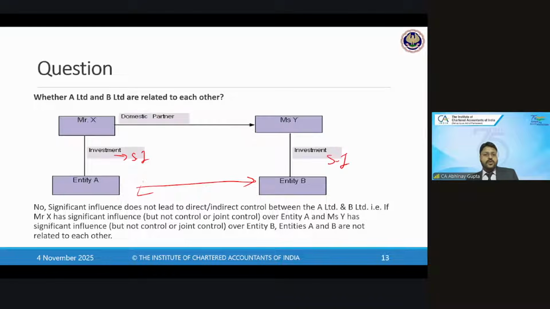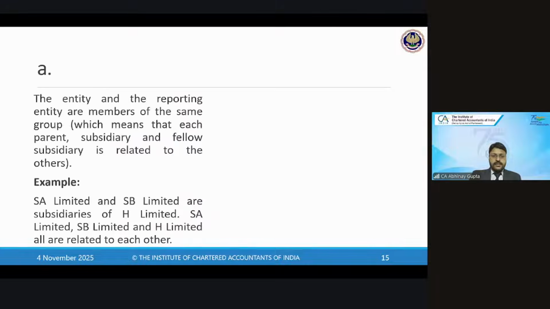And just by virtue of Mr. X and Miss Y being domestic partners, A and B cannot be related, because neither A nor B is controlled by any of them, right?